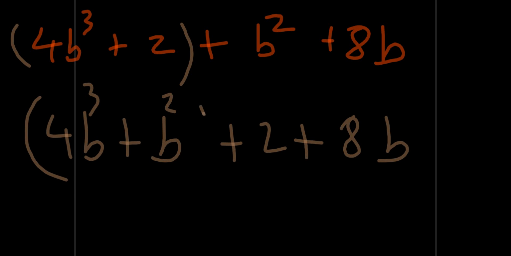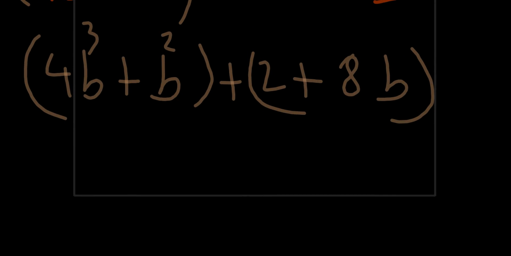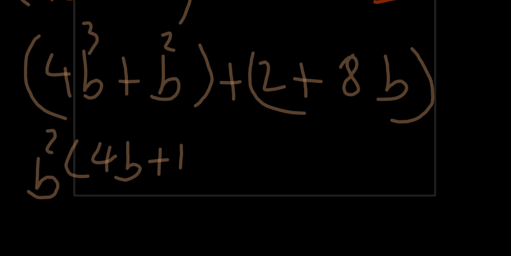Let's see if we can factorize these and get the same brackets. Looking at this, what we could factorize is b squared. And so we have, not 4 left, let me see, we have now 4b plus 1.